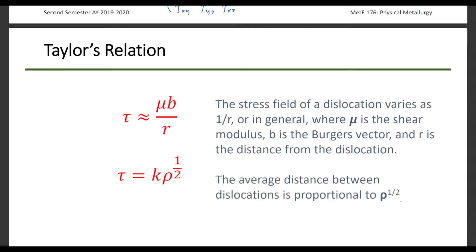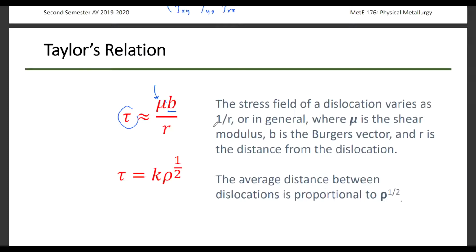And Taylor's relation says that the stress field that the dislocation introduces is varying by a factor of 1 over R. So pwede nating sabihin na si tau natin, or the shear stress value, is directly proportional or approximately equal to mu, the shear modulus of the crystal lattice, multiplied by its Burgers vector.